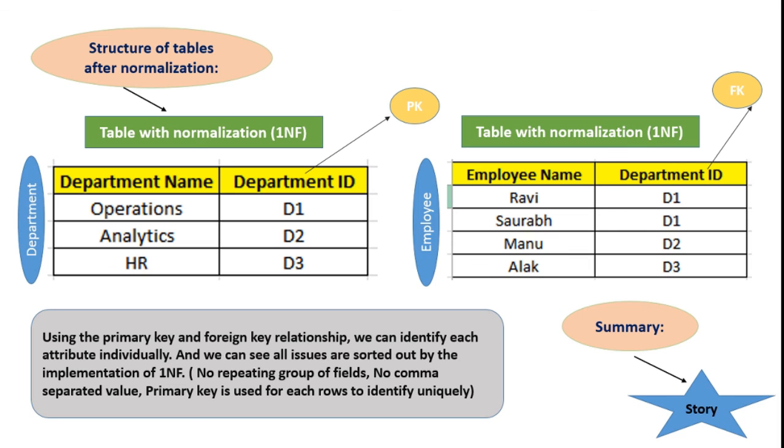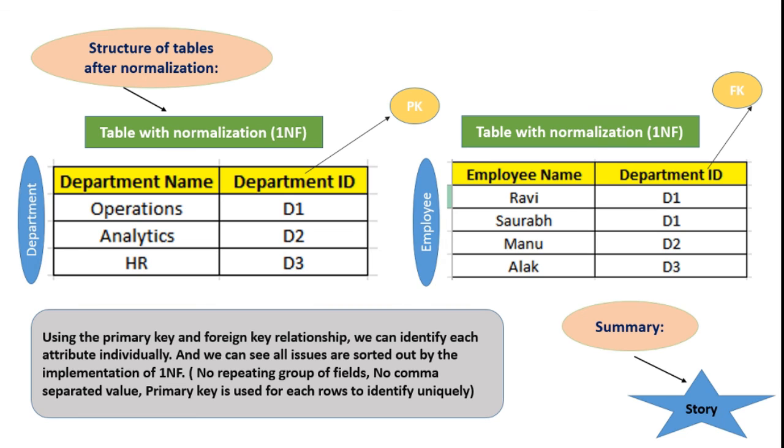And those problems we are going to see with the second normal form and the third normal form. Using the second normal form and the third normal form, we are going to see other issues with the database and how we are going to deal with them. With examples, we will see the second normal form and the third normal form, their problems, and how we are going to sort them out in the coming videos.